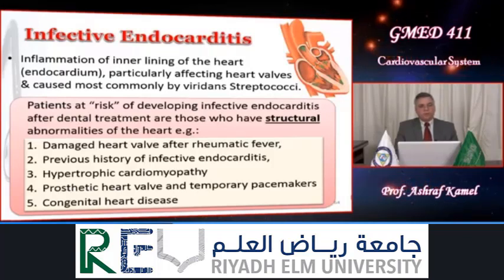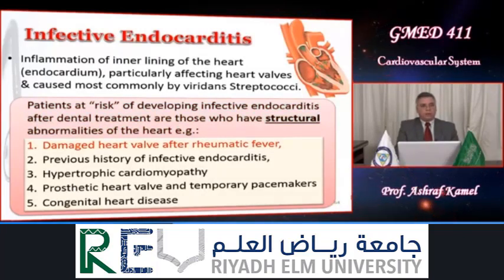Number 2, previous history of infective endocarditis, which usually will leave complications on the structure of the heart after it gets resolved. Number 3, hypertrophic cardiomyopathy. Number 4, prosthetic heart valves, artificial heart valves, and temporary pacemakers. And number 5, congenital heart disease in children.